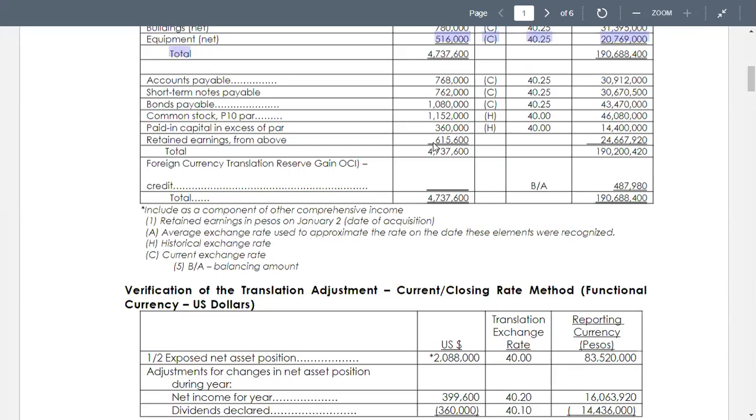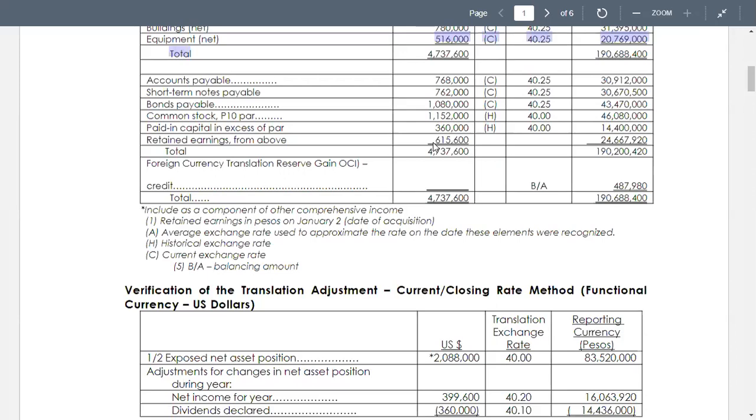Now here, we have several assets and liabilities. However, some do not qualify as monetary assets. So we have to select only the monetary assets in the balance sheet. They are translated at the closing or the current rate.